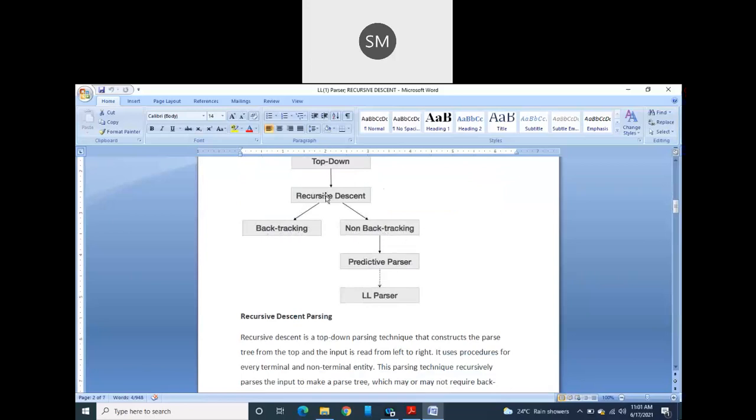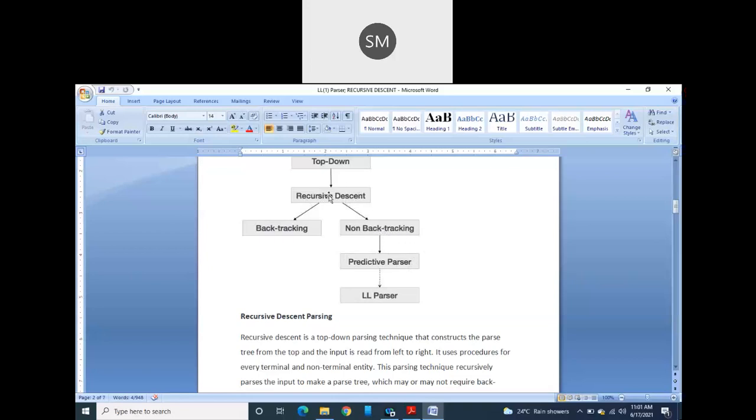It means this recursive descent sometimes uses backtracking and sometimes it does not. The recursive descent parser or grammar may not have backtracking.